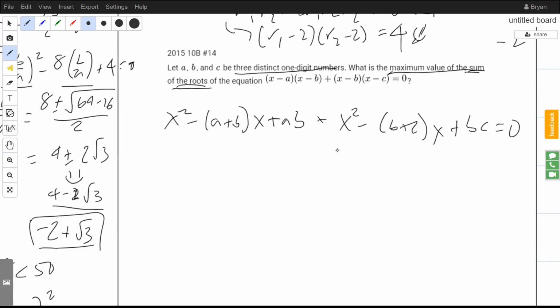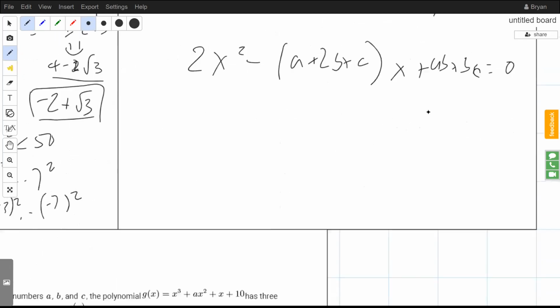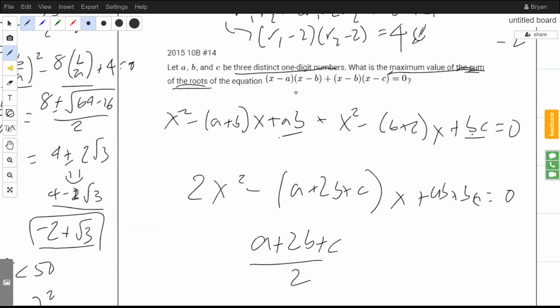Notice that we only want the sum of the roots, so we can ignore the bc and ab terms as they're not relevant. You have 2x squared minus (a plus 2b plus c) x plus ab plus bc equals 0. The sum of the roots here is going to be (a plus 2b plus c) over 2. We want to maximize this, and a, b, c are distinct digits from 0 through 9.